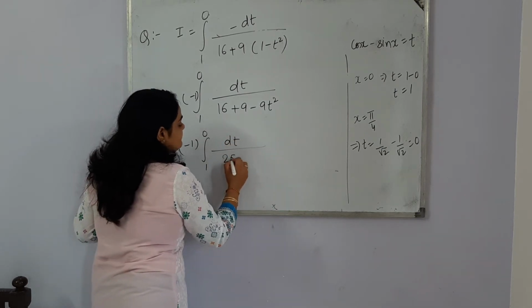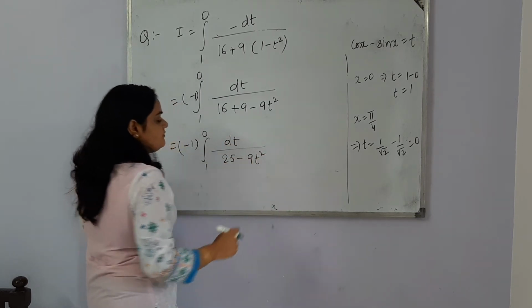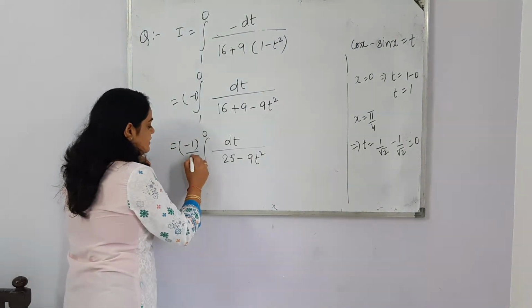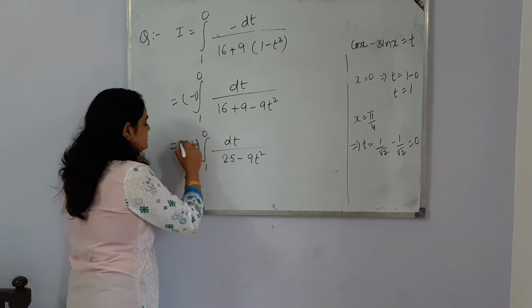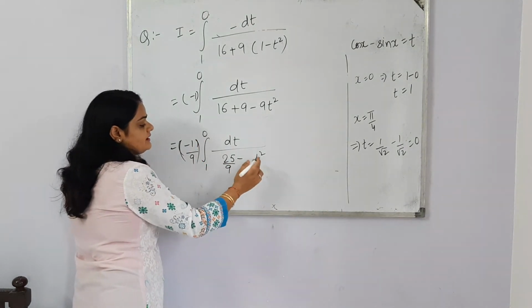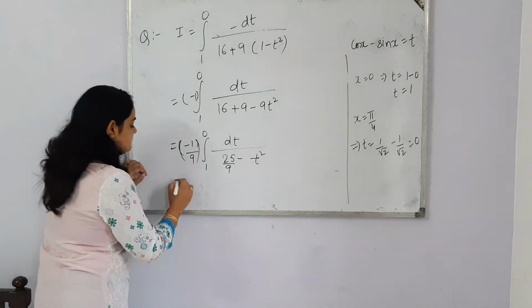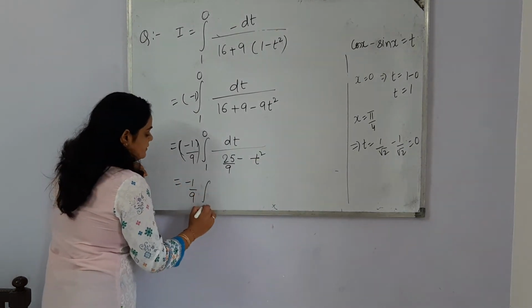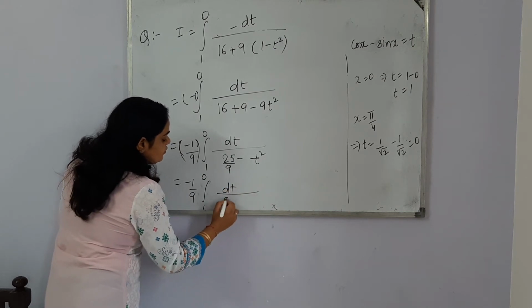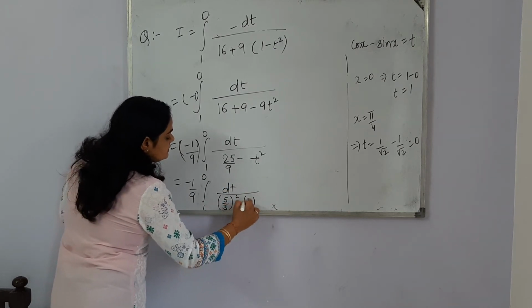This is 25 minus 9t square. We need the coefficient of t square to be 1, so I am taking 9 as common from the denominator. If we are taking 9 as common, we are getting 25 by 9 minus t square, 1 to 0 dt, 5 by 3 whole square minus t square.